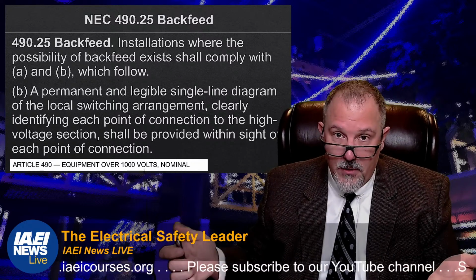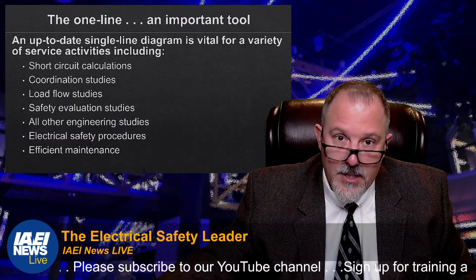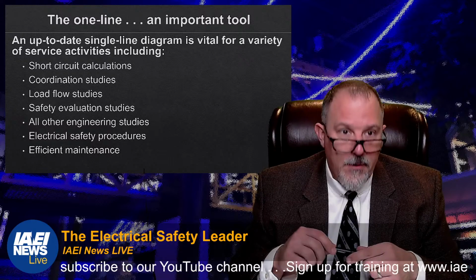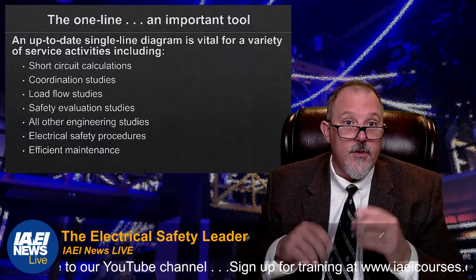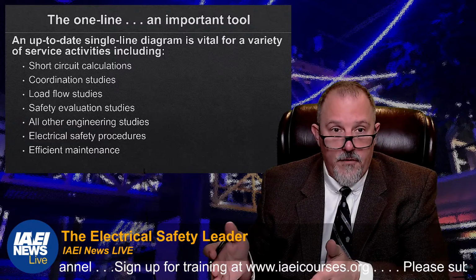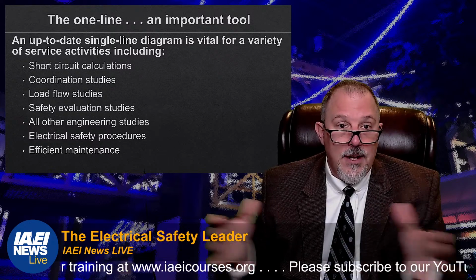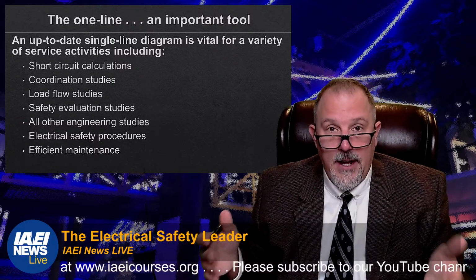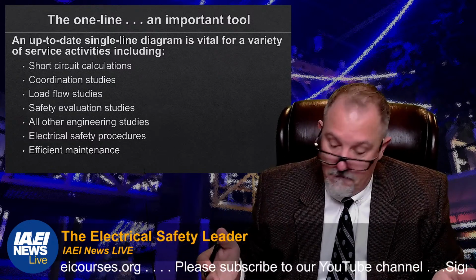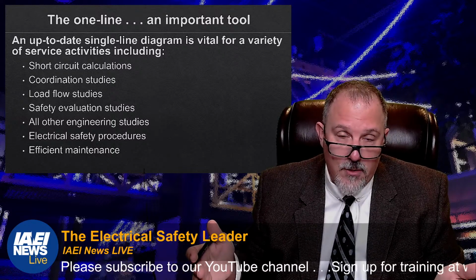So the one-line diagram is a very important tool for servicing, short circuit calculations, coordination studies, load flow studies, safety, all other engineering studies, your electrical safety procedures, and efficient maintenance. Lockout, tagout is critical.